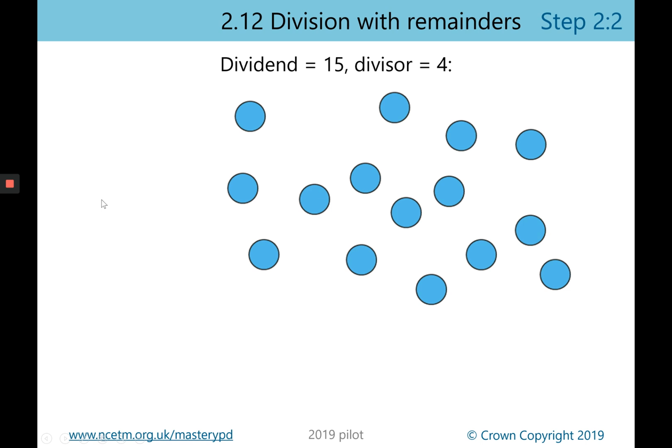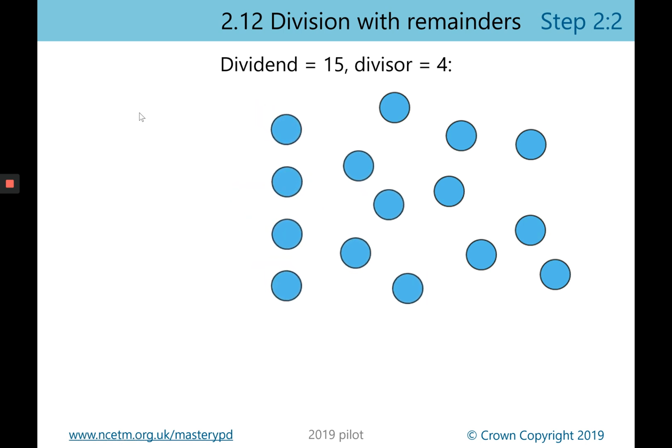Now I'm going to change it again. I'm going to make the dividend 15. So now I'm asking you, what is 15 divided by 4? Some of you may be seeing a pattern here and might even be able to just shout out the answer at me. So let me show you. I'm going to move these counters into groups of 4.